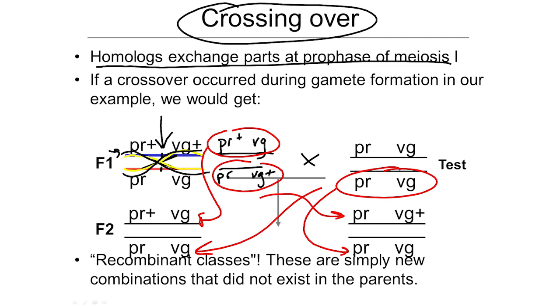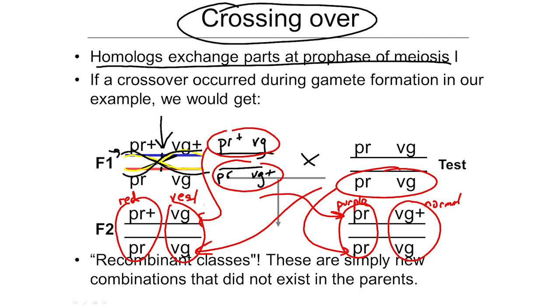Now we see how we can get those recombinant offspring, because this one is PR plus PR, which means it has red eyes, but it's vestigial. That's a recombinant. This one has purple eyes. This one also has normal wings. Purple and normal and red and vestigial, these are the recombinant classes.